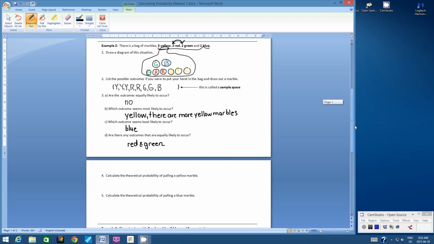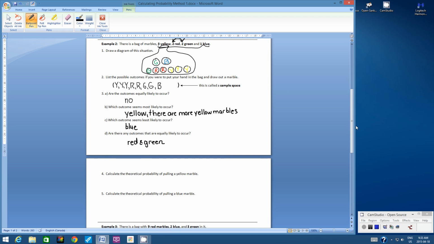See if I can still keep that diagram. Yes, I can. All right, calculate the theoretical probability of pulling a yellow marble. Okay, so let's set it up with the big capital P, and in this case, a lowercase y. So remember theoretical probability, the formula is number of favorable outcomes over the total number of outcomes.